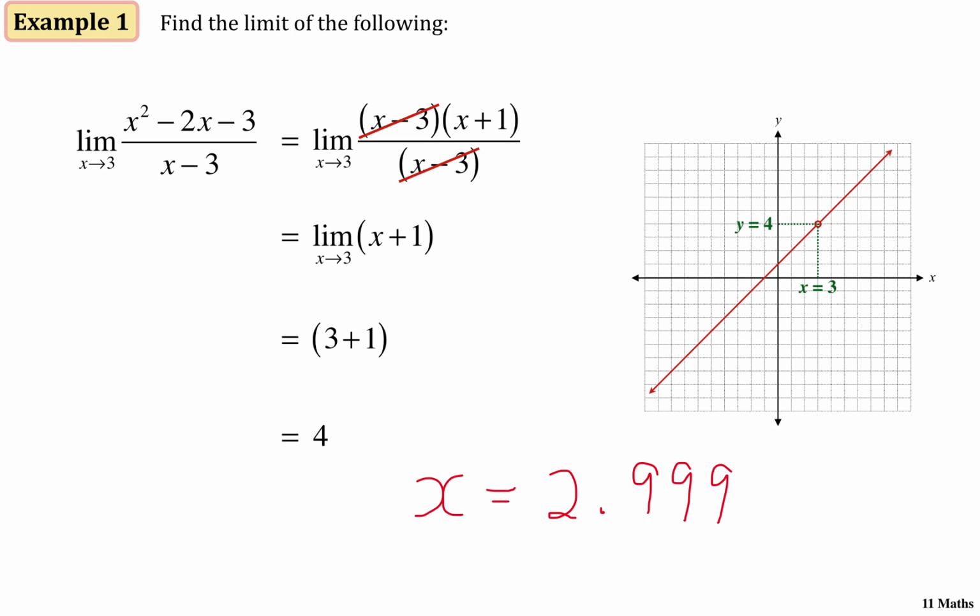So you go back to the question, and on your calculator, wherever you see x now, plug in 2.999, because this question is saying let x get really close to 3.